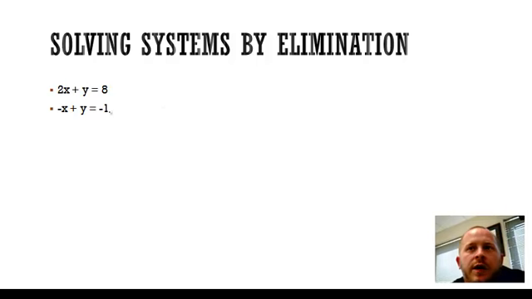So if we look at this problem here, we have two equations to make our system. We need to make sure we're eliminating some variable in this. The best way to do it is to try to find one that maybe is a positive and negative that you can easily multiply. So on this one we have 2x plus y is equal to 8.